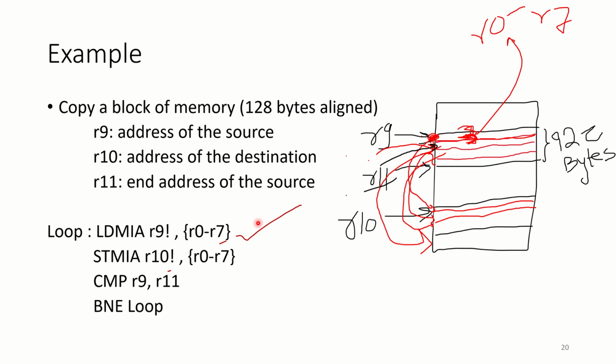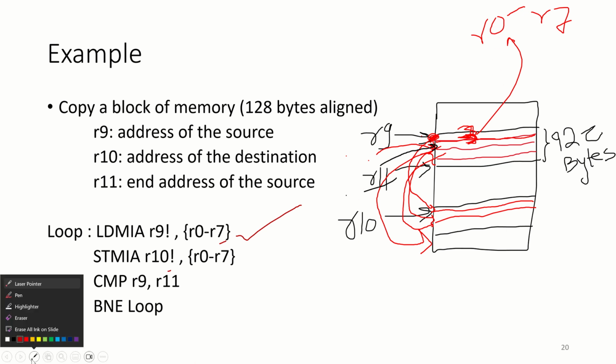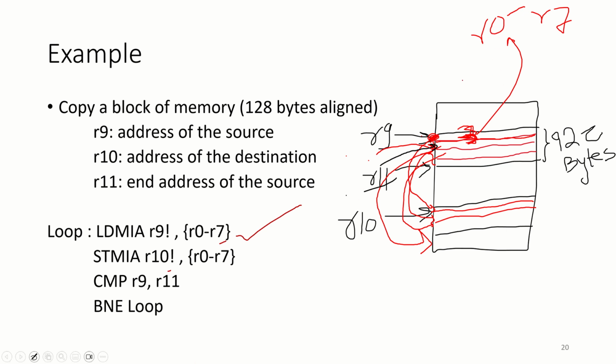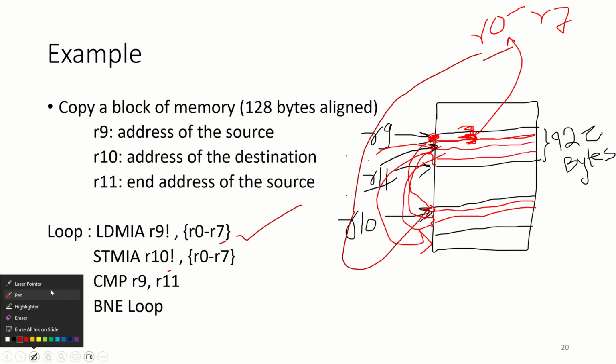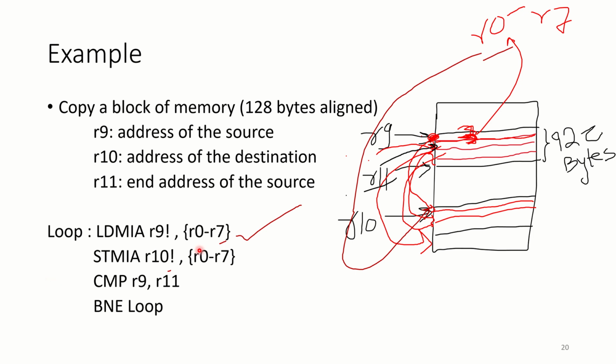From here we are storing into R0 to R7, and next we have to store the values from here to here. So we use STMIA R10!, R0 to R7. The values in these registers are going to be stored here.